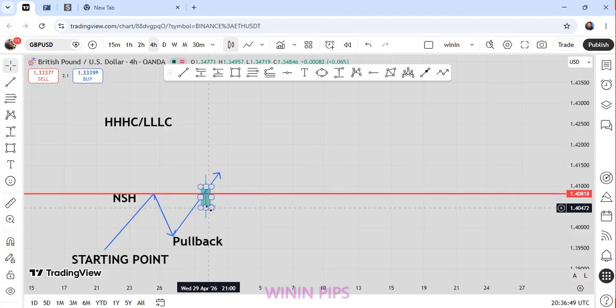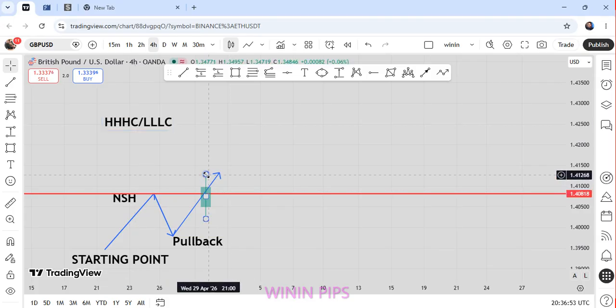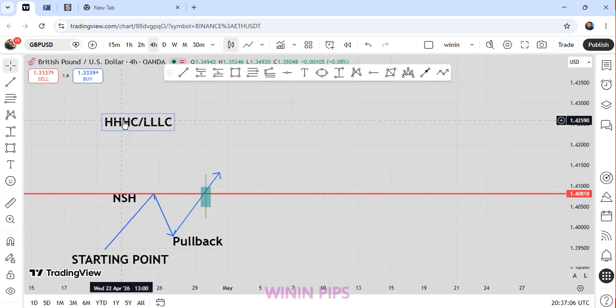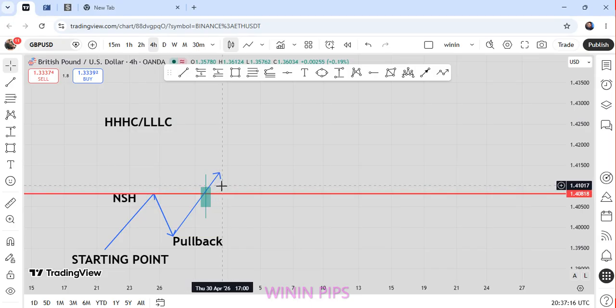So what higher high, higher close means is that this is the high of the candle, this is the low of the candle, the range. Since this is the high, it should give us a higher high. So it has given us a higher high and a higher close, meaning the closing point of this particular candle should be higher than the level here.